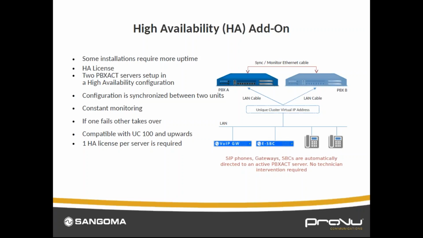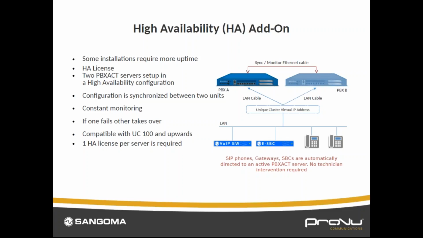Once you've done that, you only have to configure one unit, the master, and that will share all of its configuration to the slave. Then they decide amongst themselves on a virtual IP address or floating IP address, which would typically be associated with the master unit.